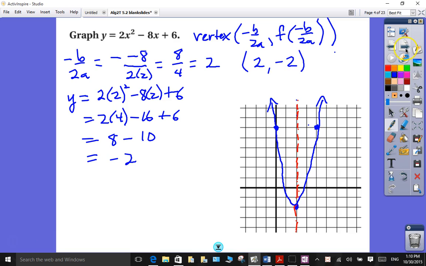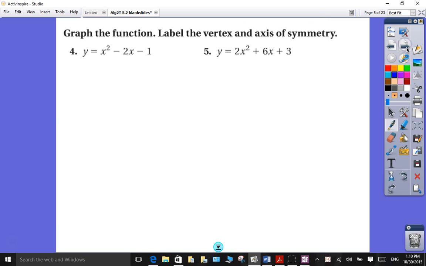So I'm going to do the next one. I'm going to have you do one and I'll do one. I'll do the one on the right and let you do the one on the left, because the one on the left is easier. Here we go. The vertex: negative b over 2a equals negative 6 over 2 times 2, which is negative 6 over 4, which is negative 3 halves.